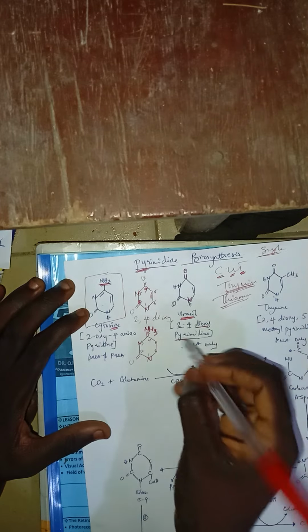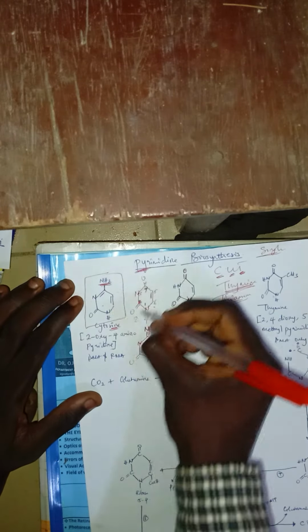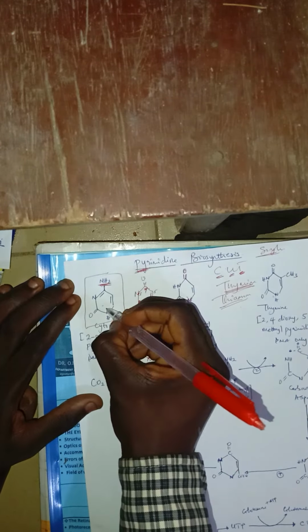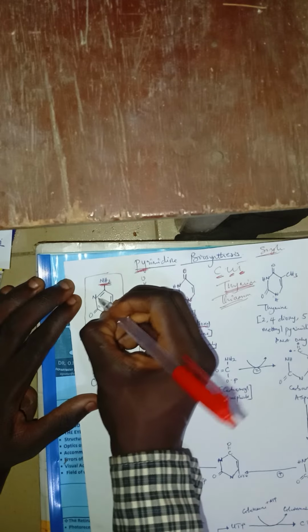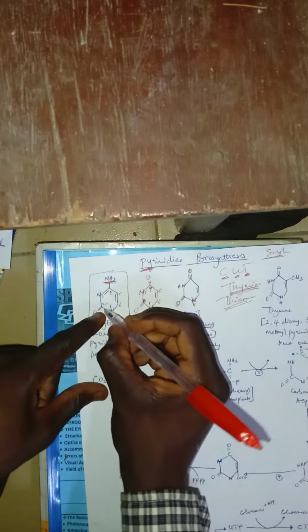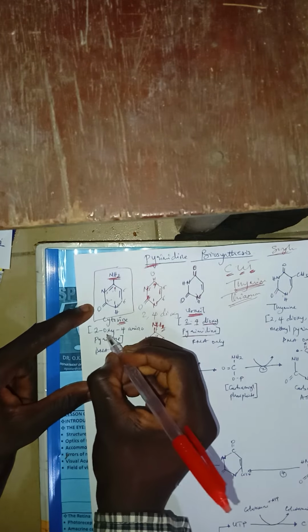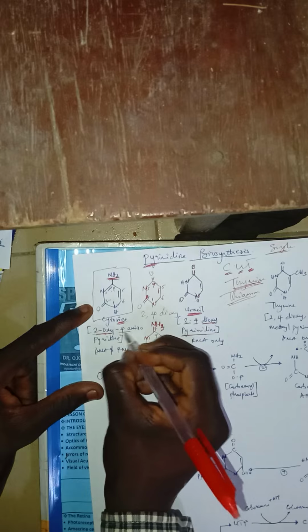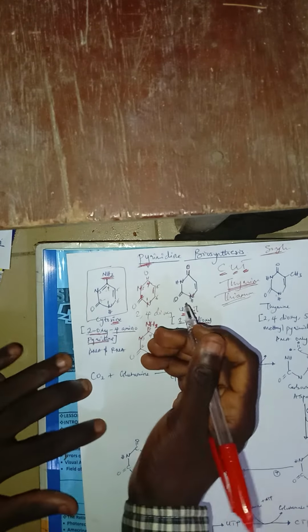What then would be the chemical name for cytosine? Here is carbon 1, 2, 3, 4, 5, and 6. Cytosine will be 2-oxy-4-aminopyrimidine. That is your cytosine.